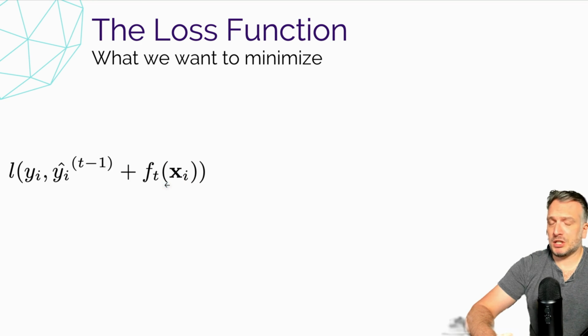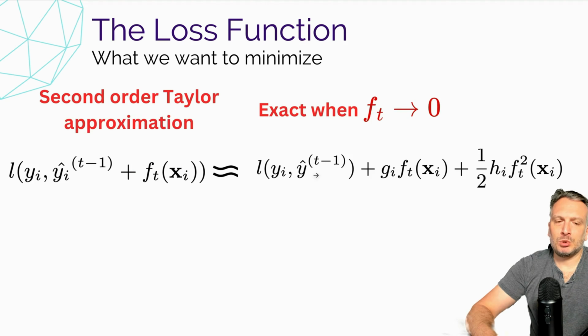The typical strategy to learn the new f function is to decompose this sample level loss function into a sum of terms. And to do so, we're going to use the Taylor approximation. Here, what we are doing is a second order Taylor expansion. We are approximating this function by expanding the original function into a sum of terms.